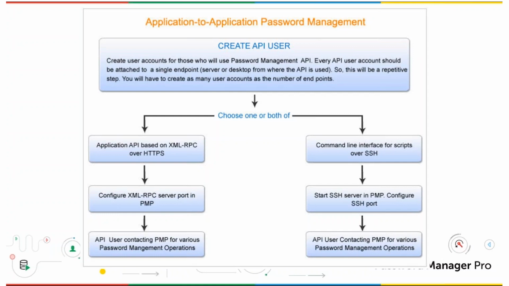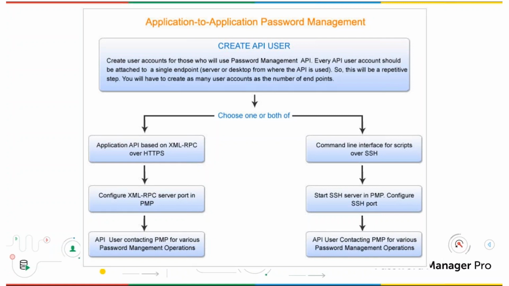You'll be able to add and retrieve the same information out of Password Manager Pro. No additional fields are allowed, and the same applies for SSH CLI based APIs as well. So just three functions can be done, around resources, accounts, and passwords. You will be able to fetch this information, input this information, as well as change this information using these APIs.